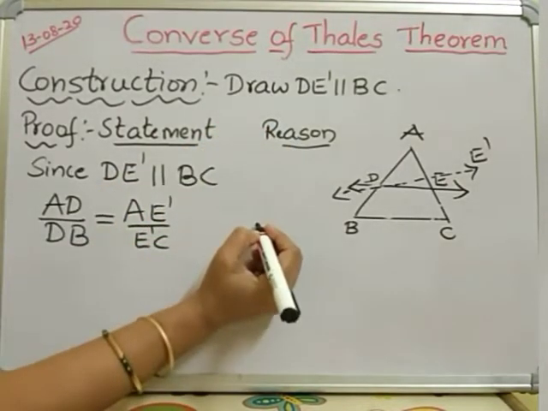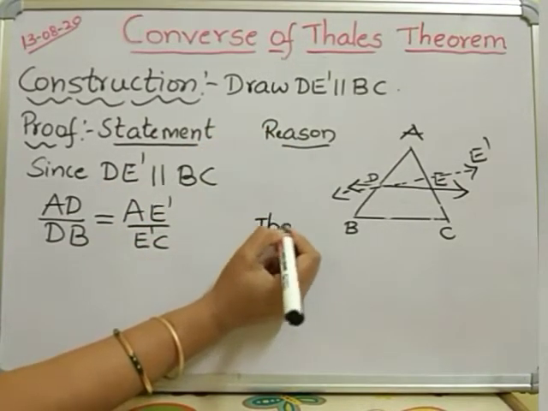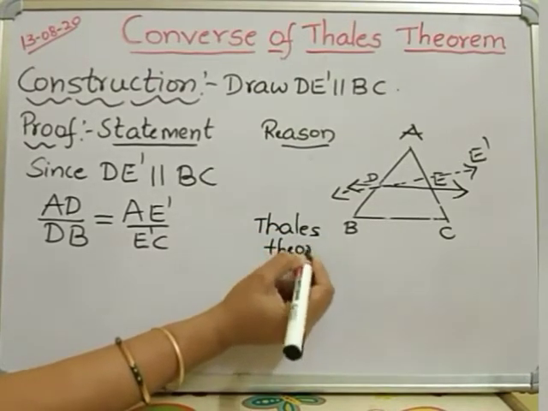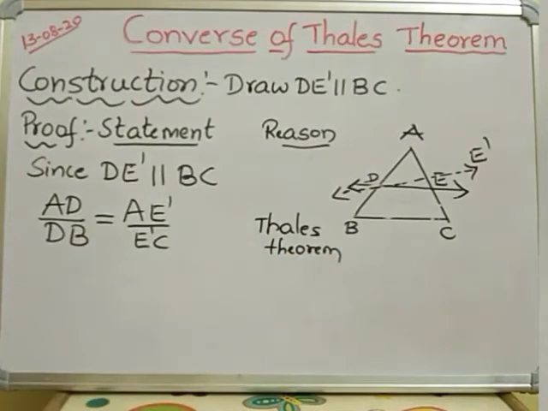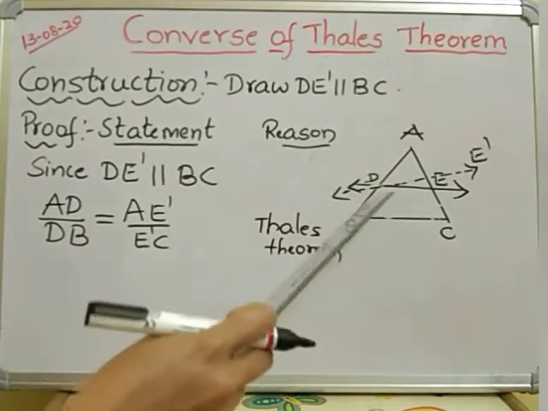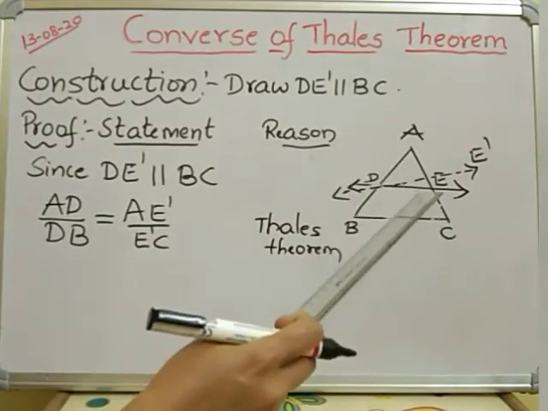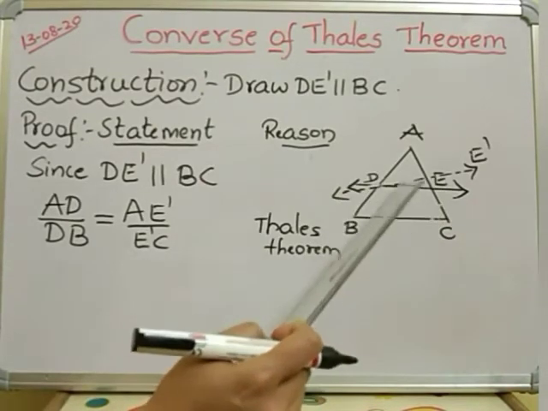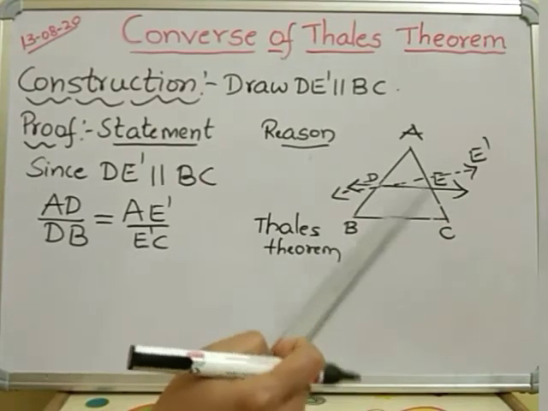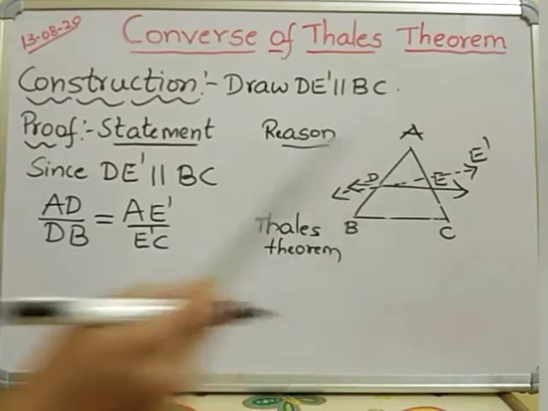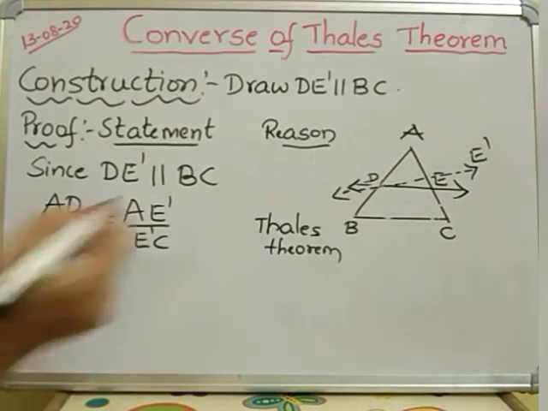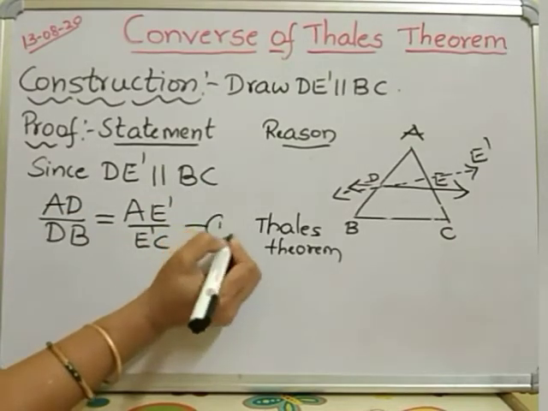What is the reason? That is by Thales theorem. It says that if a line is drawn parallel to one side of a triangle to intersect the other two sides at distinct points, it divides the other two sides in the same ratio. So I have written like this. Now this I am taking as equation 1.